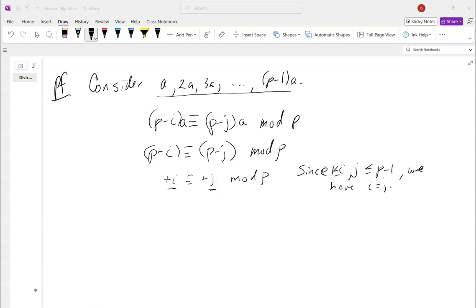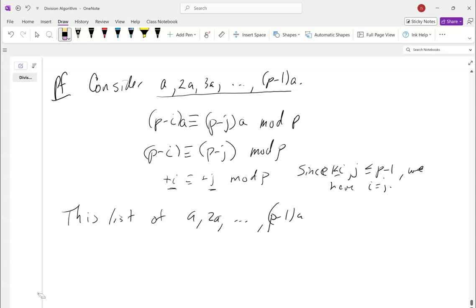Okay? So what we have here is this list of a, 2a, up to (p minus 1) times a. Is what? Congruent. Well, I shouldn't say it that way. How do I want to write this?